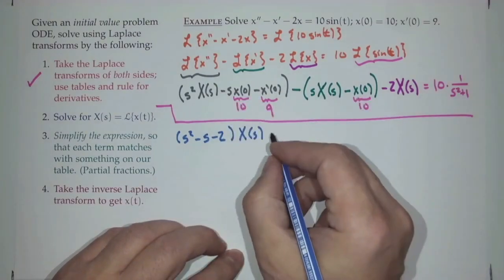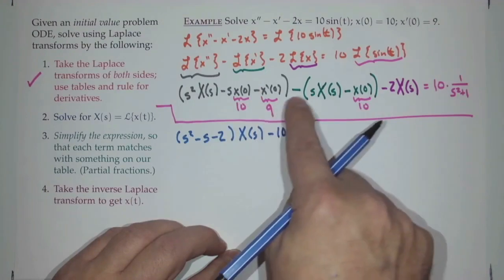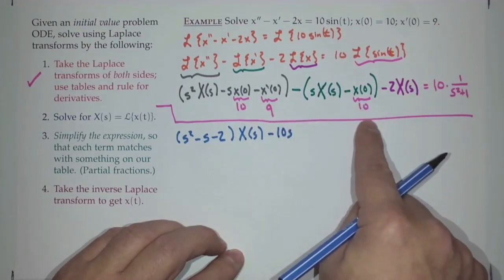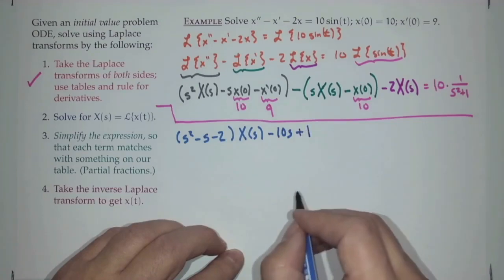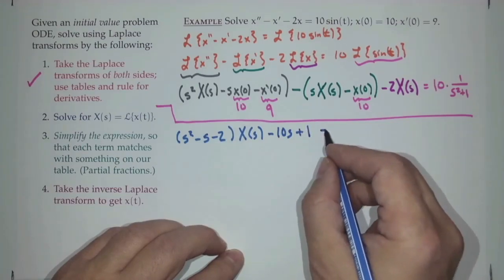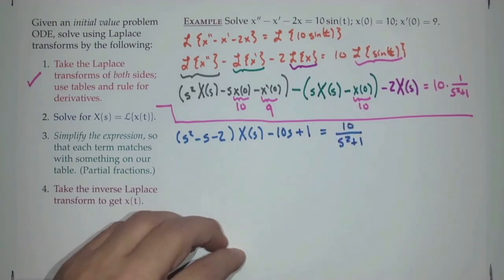Minus 10s, minus 9, and plus 10. So it makes plus 1. And that's everything on the left-hand side. Right-hand side is 10 over s squared plus 1.